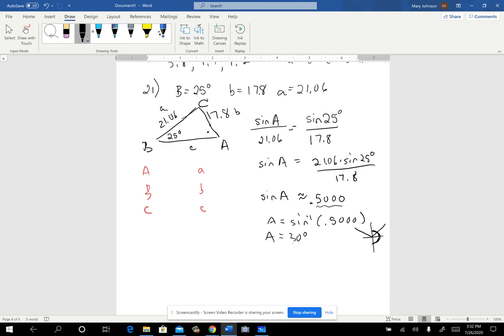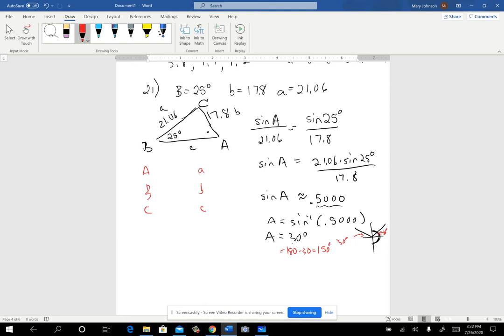You see this angle right here, the reference angle here is 30 degrees, just like this one's 30 degrees. So you have to consider that. If I do 180 minus the 30, that's 150, and that could be an angle in this triangle.